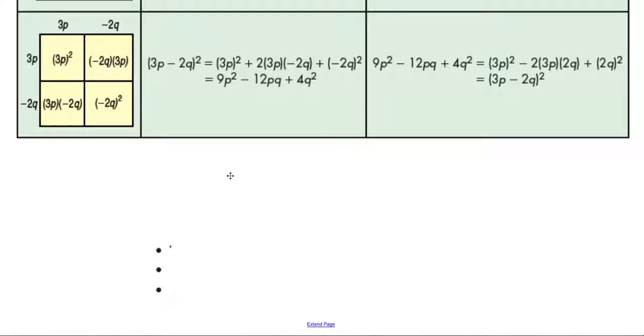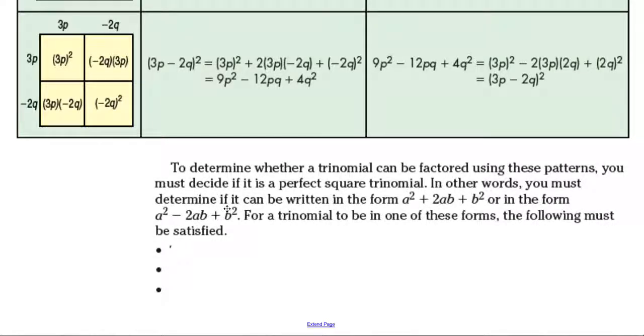To determine whether a trinomial can be factored using patterns like this, you must decide if it is a perfect square trinomial. In other words, you must determine if it can be written in the form a squared plus 2ab plus b squared, or in the form a squared minus 2ab plus b squared. For a trinomial to be one of these forms, there are 3 things that you need to ask yourself.